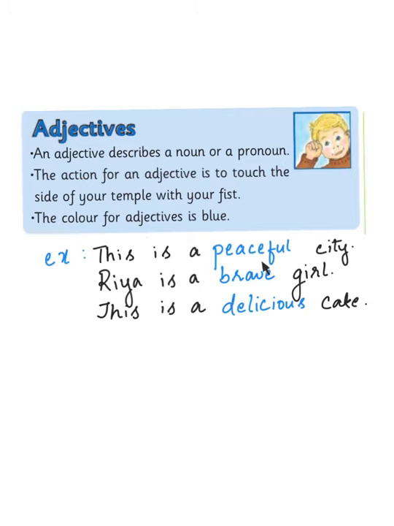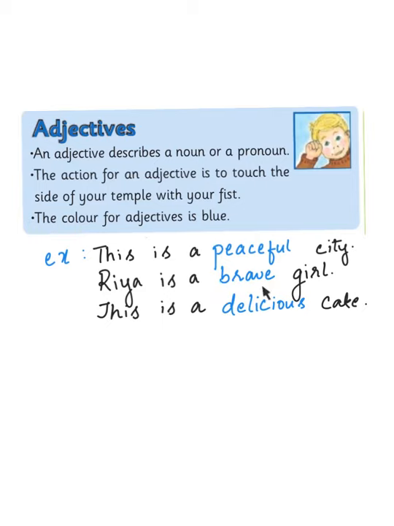This is a peaceful city. In this sentence, city is a noun and the word peaceful is saying how the city is. The city is peaceful. Therefore, peaceful is the adjective. Next sentence: Ria is a brave girl. So, girl is a noun and the word brave is describing how she is.